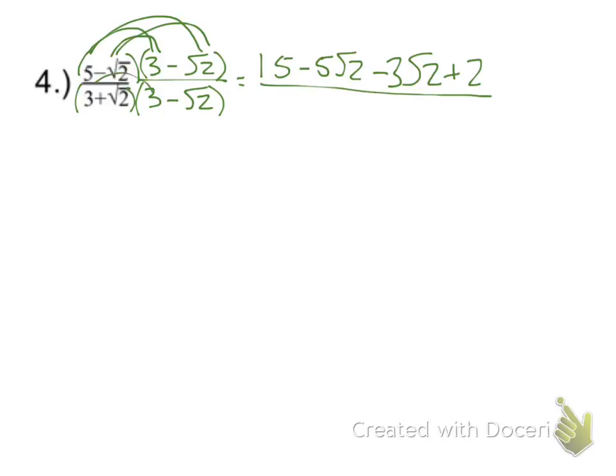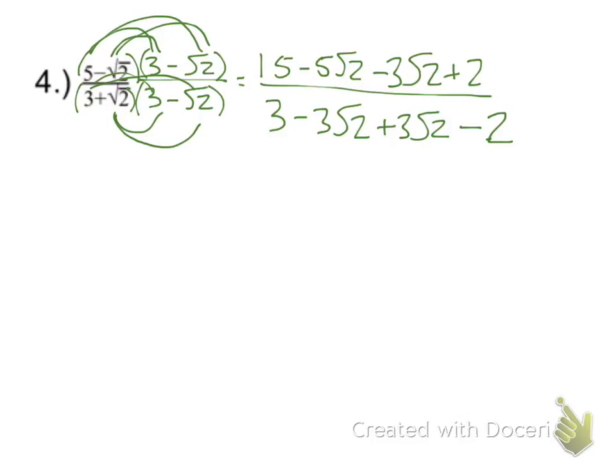3 times 3. And here's the thing, there's going to be something going on in the bottom. 3 times a negative square root of 2 is negative 3 square root 2. Not 3, but 2. Square root of 2 times 3 is a positive 3 square root 2. Remember to keep your terms in order. Constant, then radicals. It's going to make your life easier. And square root of 2 times a negative square root of 2 is a minus 2.